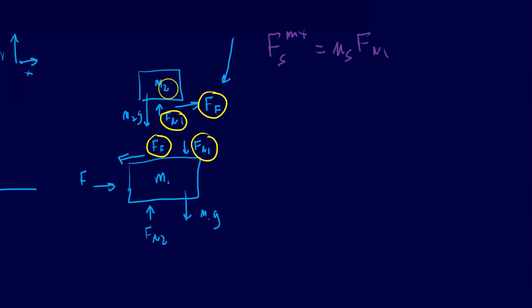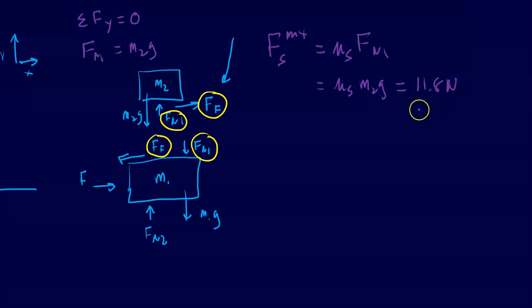Now if we look at block M2 and I do my Newton's laws, in the y direction I get Fy equals 0, and so we'll get the situation which happens often, which is the force normal 1 will equal M2 times g. And so in this case here, we get μs m2 g, and when I plug that in, μs was 0.6, this is 2 kilograms, and g, I got about 11.8 newtons.